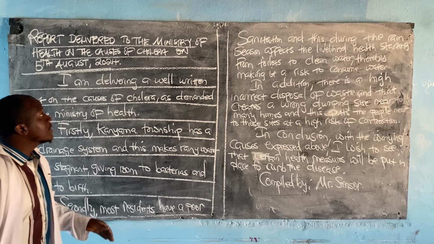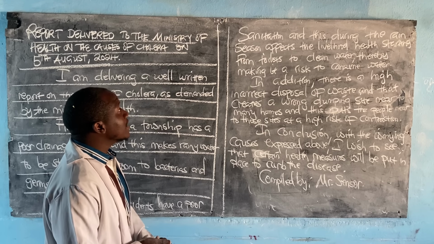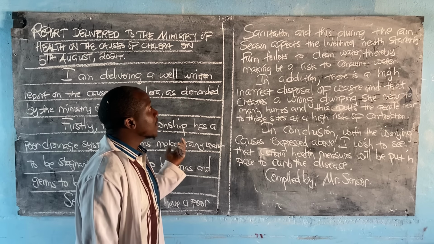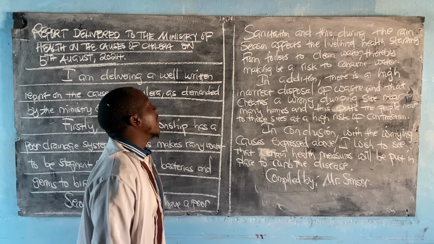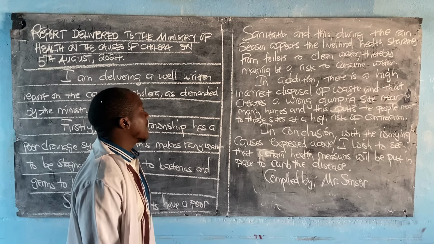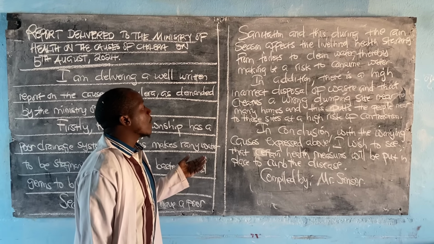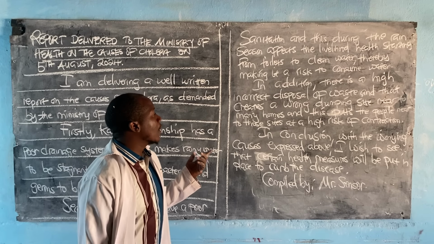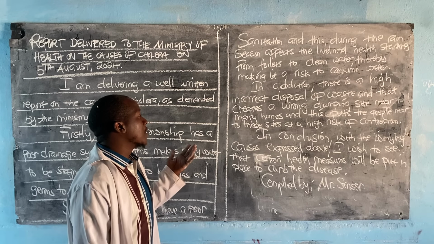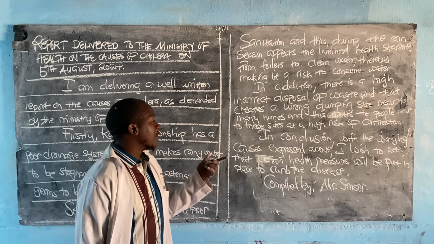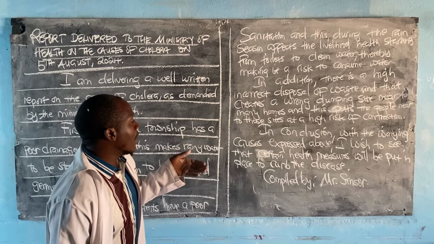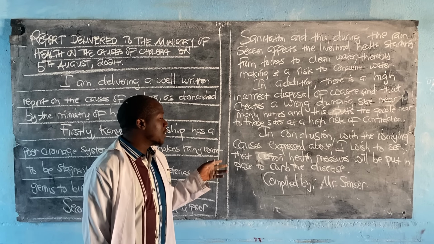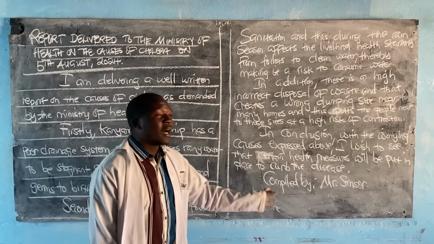Secondly, most residents have a poor sanitation, and this during the rain season affects the livelihood health, starting from toiletries to clean water, thereby making it a risk to consume water. In addition, there is a high incorrect disposal of waste, and that creates a wrong dumping site near to main ponds, and this puts the people near to those sites at a high risk of contraction. In conclusion, with the worrying causes expressed above, I wish to see that certain health measures will be put in place to curb the disease. Compiled by Mr. Sensor.